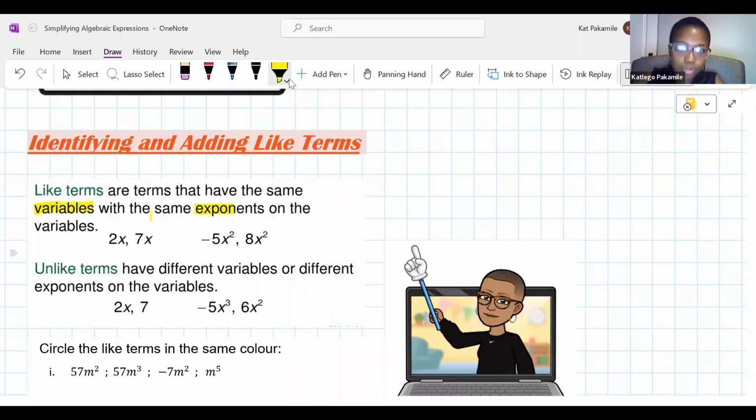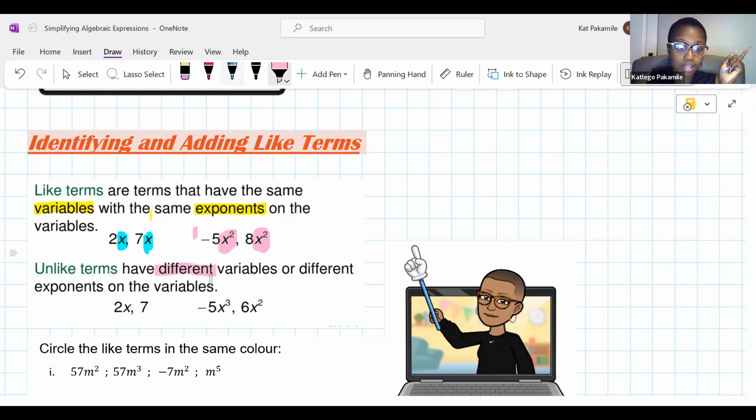Let's look at the examples at the bottom. 2x and 7x both have x to the first power, so those are like terms. Similarly, negative 5x squared is a like term with 8x squared. Unlike terms would have different variables, or they could have the same variables but different exponents.